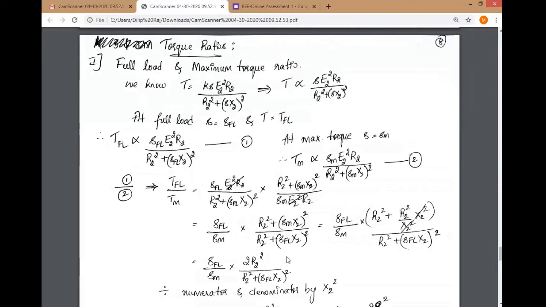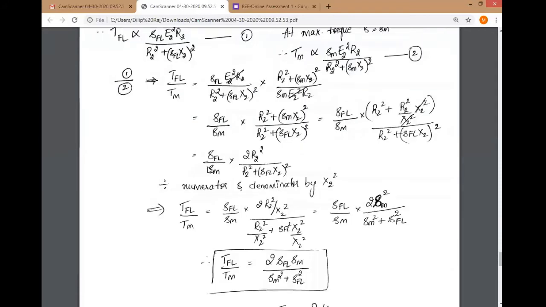Further, in this term we are substituting for Sm. Sm is R2 by X2. So when R2 by X2 is substituted, X2 in the numerator and denominator gets cancelled, leaving behind R2 square. So in the numerator we have 2 R2 square, and the denominator remains as it is.